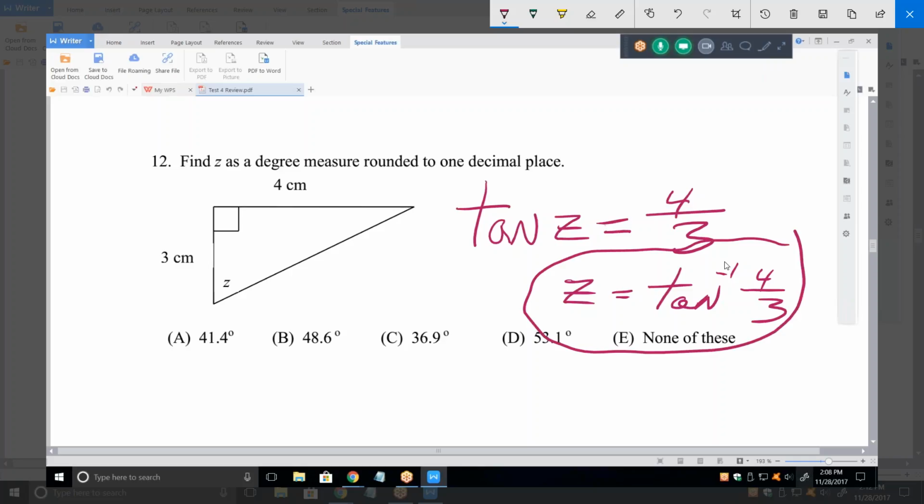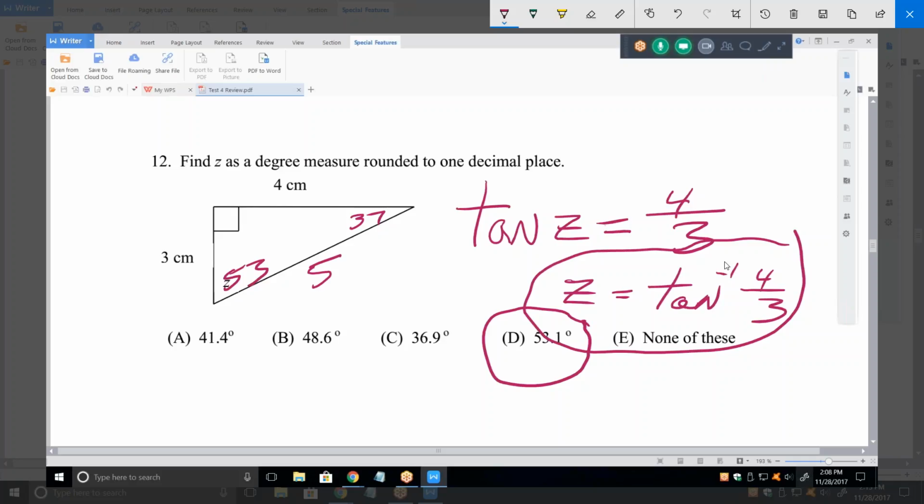Now that we know the calculator's in degrees, do the inverse tan of 4/3 again. So 53.1. Only reason I knew that is I happen to know that 3, 4, 5 is basically 37 and 53. Those are the two angles of a 3, 4, 5 right triangle.